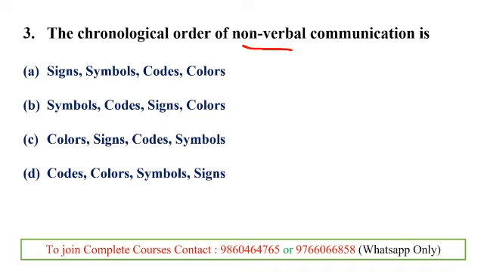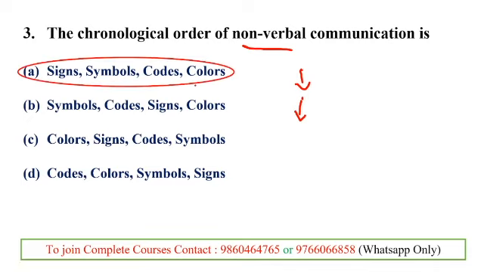So here the non-verbal only uses signs, symbols, colors, codes, etc. So here the chronology means the one by one ordering of the non-verbal communication. So you can make sure the order here: signs, first of all there comes signs, and then symbols, and then codes, and then colors.